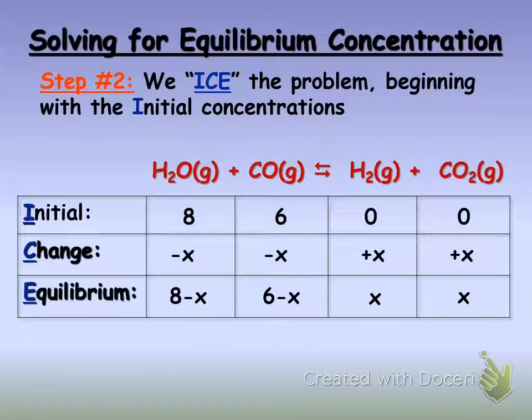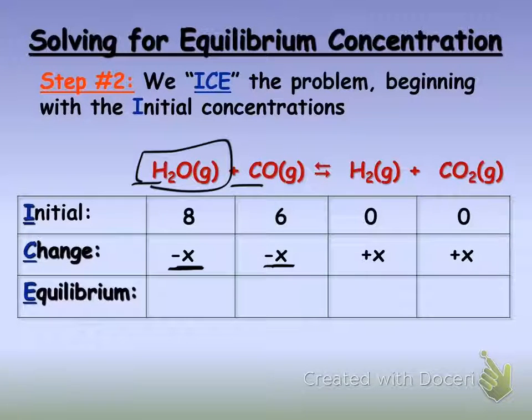Negative some amount. And of course, since it's a 1-to-1 ratio, it's negative the same amount from the other reactant, right? I mean, you lose a molecule of H2O, you lose a molecule of CO. They go together. Okay? So we'll tell you what happens later if there's actually a coefficient in there. Ugh. Okay. And then of course what we lose here, we gain here and here.